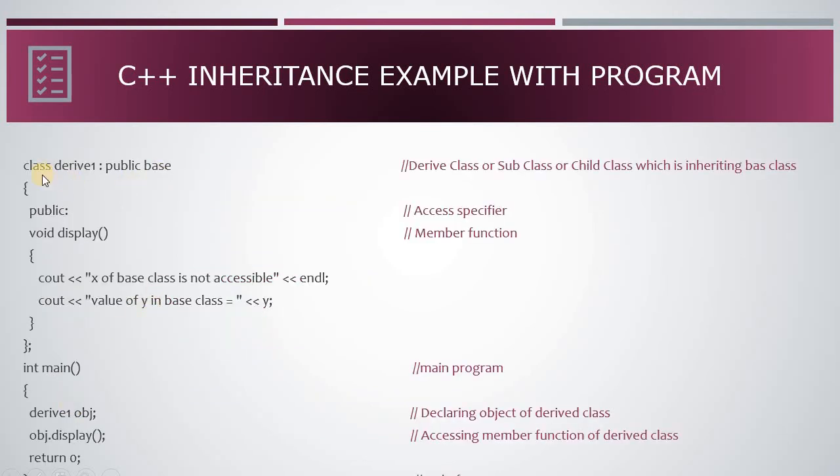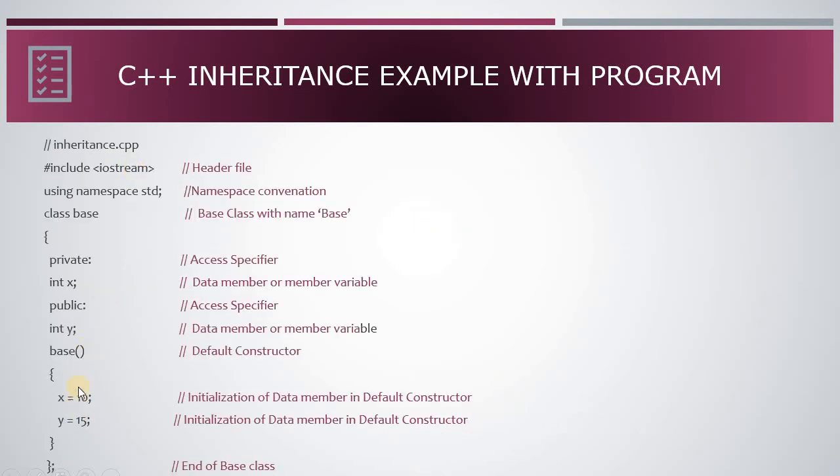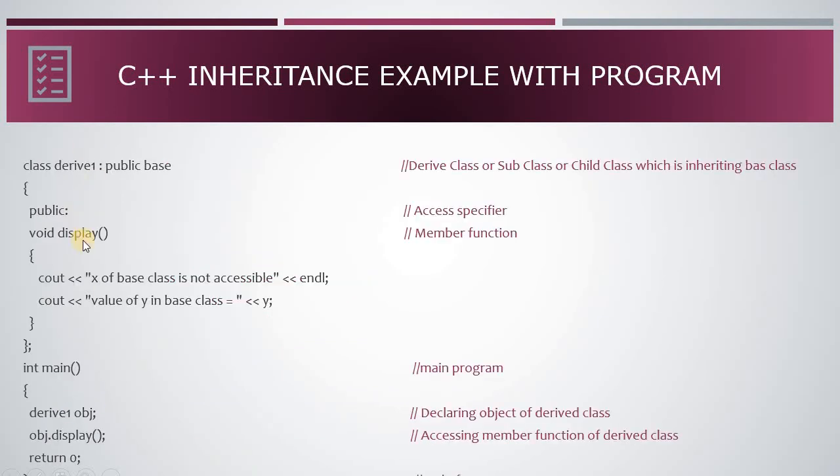Then we have created a derived class, or child class, which is inheriting the properties of the base class. When you say properties, it means all those data members and functions you can use. Here the data members x and y have the values 10 and 15, so you can use them directly in the derived class.